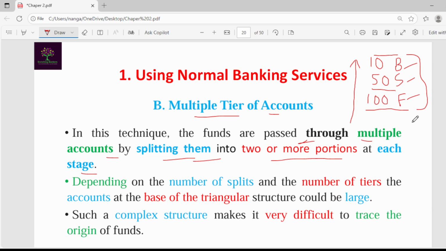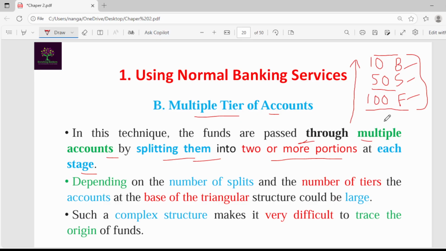Likewise, funds are passed through multiple tiers. That's why this method is called multiple tier of accounts. Criminals pass their funds through multiple tiers of accounts because if they pass all the funds through farmers' accounts, at any time their funds can be caught.